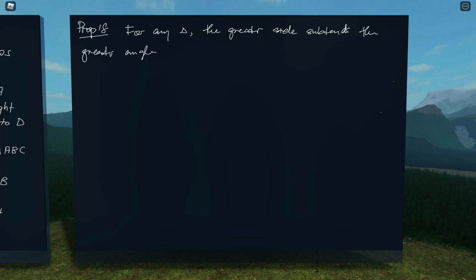Okay, so I'm going to try and use this new feature. I'm going to draw a triangle ABC. Now my diagram is going to be a lot bigger than I thought. Let ABC be a triangle.